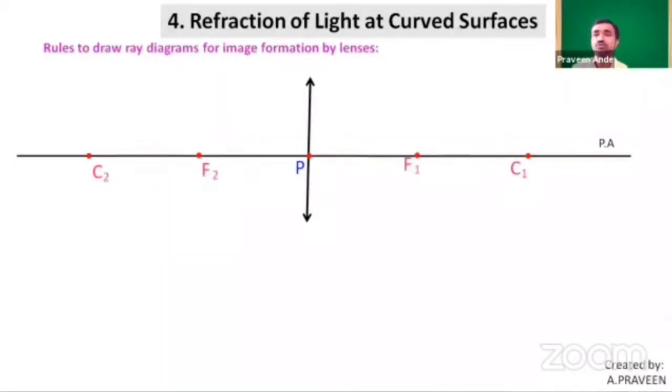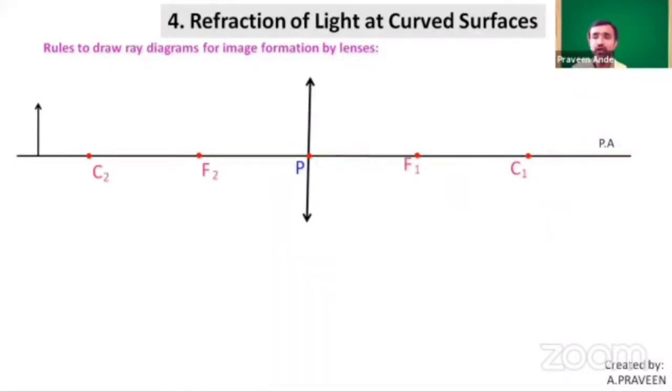Then what to do? You have to select the object and where you are placing it. So always the object is placed on the principal axis. Keep it in your mind. So that object I have now shown with an upward arrow.